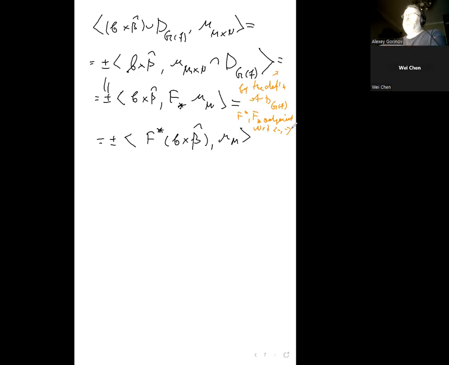And by the way, aside remark: for sheaves, F lower star and F upper star are also adjoints of one another, but in a different sense. For sheaves, these are adjoint functors, and here these are just adjoint linear maps. Very well.